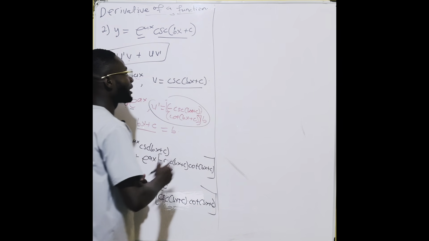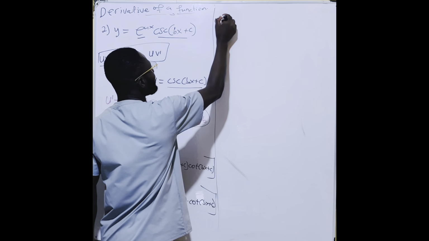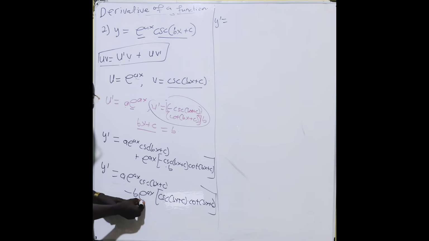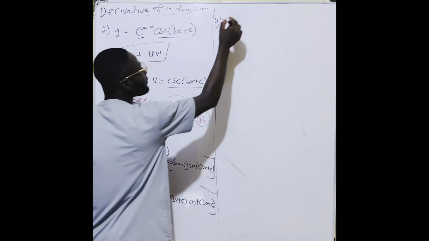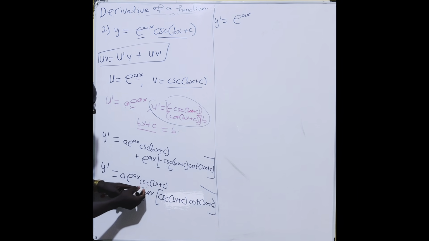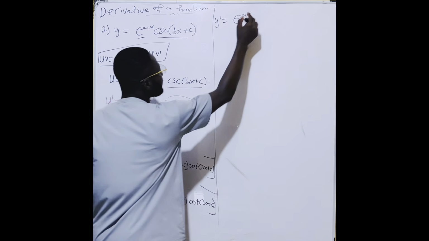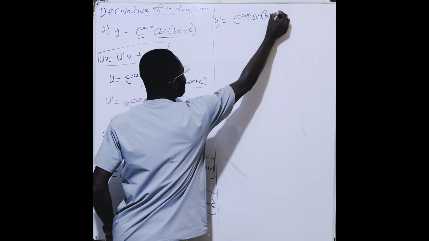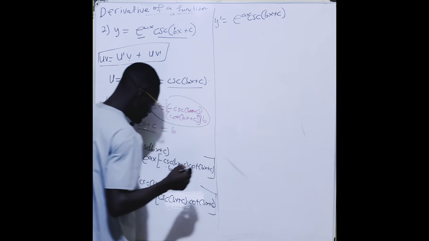So when we do that, then we have y prime equals, we are factoring e to the power ax out, e to the power ax, and we are also factoring cosec into bx plus c out.